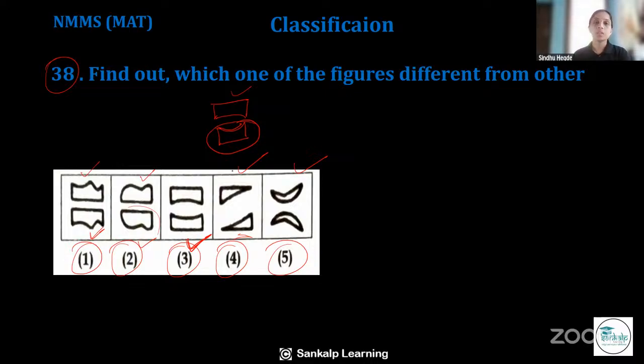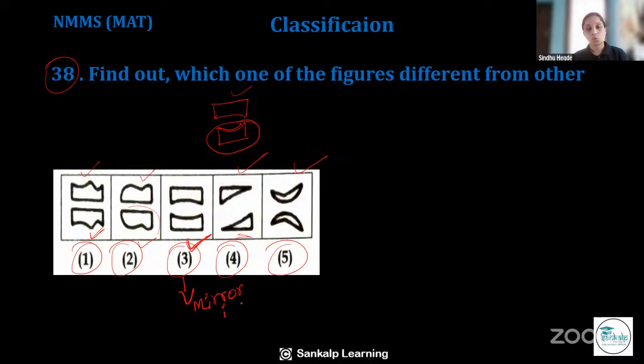Remaining all image first, second, 4 and 5, once we rotate that right hand figure 180 degree, we get exactly the left after the rotation. But only figure 3 is the reflection, or we call it the mirror image.